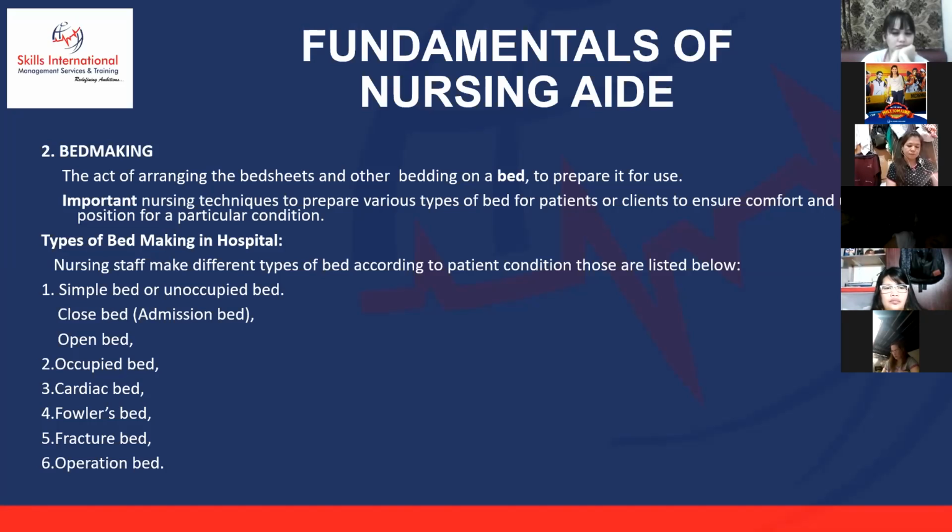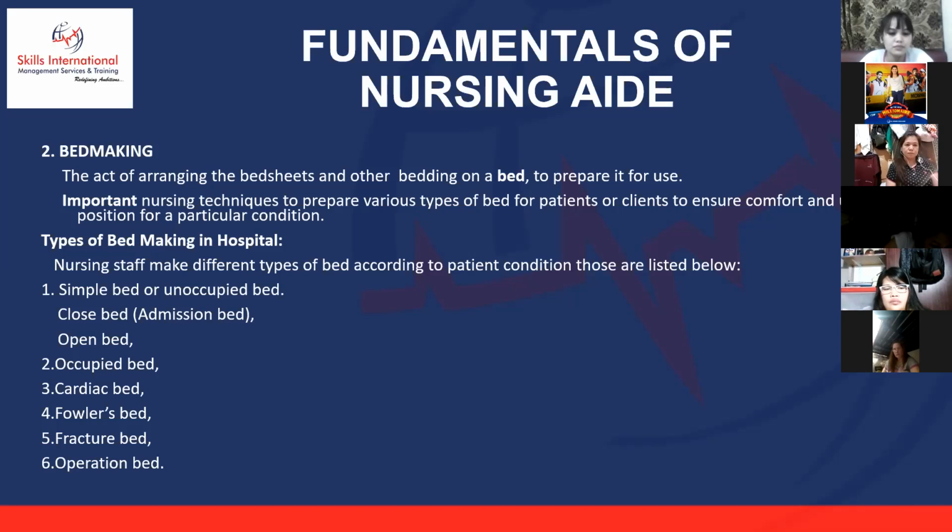Okay, so we have the types of bed making in a hospital. When I say types of bed making in a hospital, it refers to all healthcare facilities. So when you are in home care, it is also the same, you are going to prepare it for the home care.